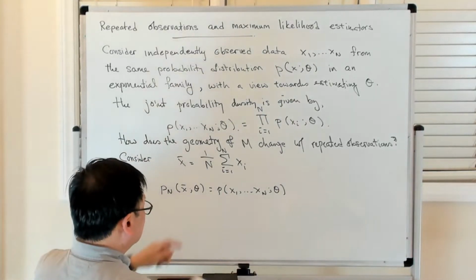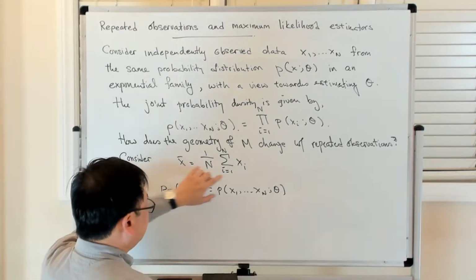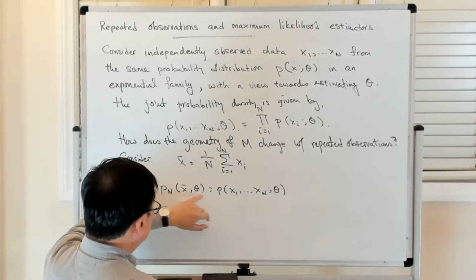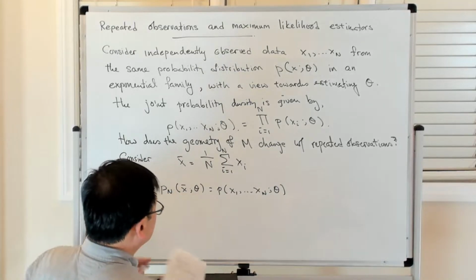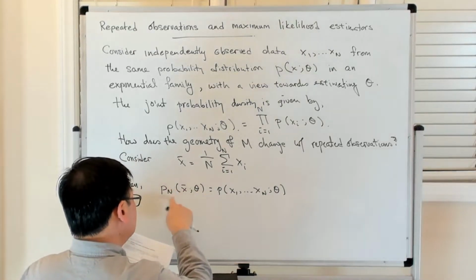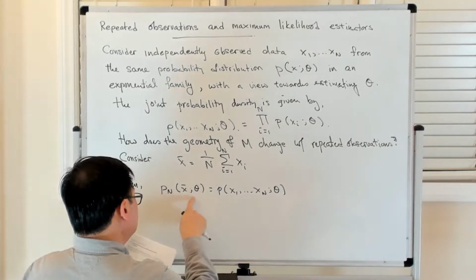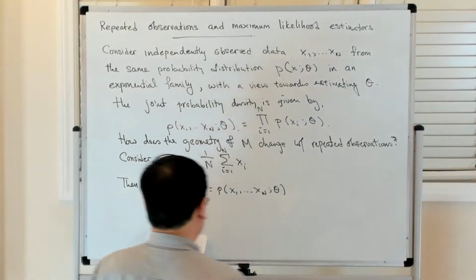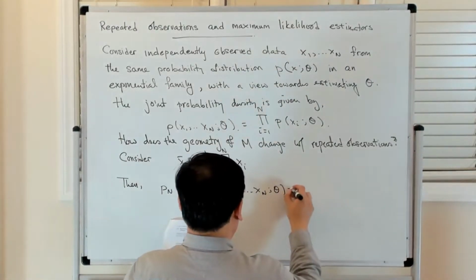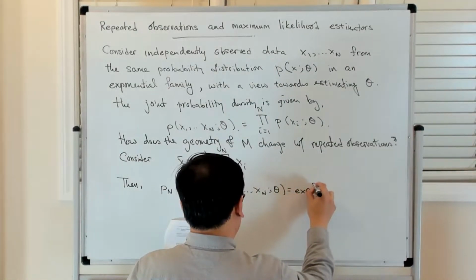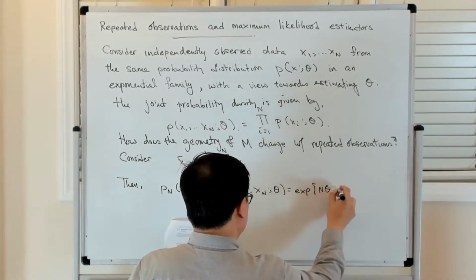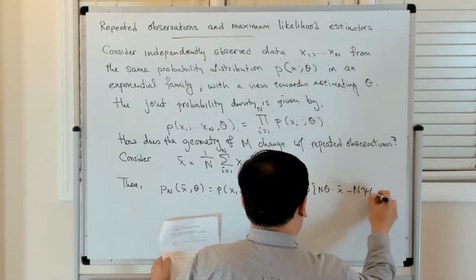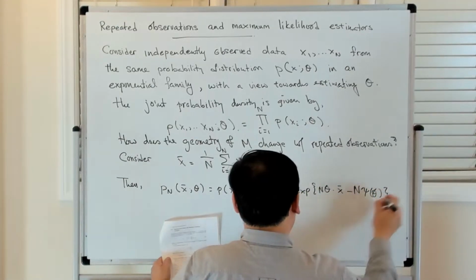What I'm trying to ask is, if I take the average of these observations and think of that as a single random variable, how does the geometry of this distribution relate to that of the original one? This is equal to the exponential of n theta times x bar minus n phi of theta.